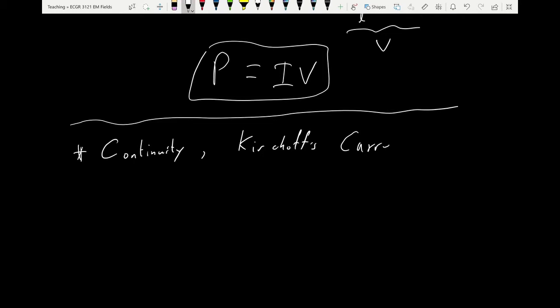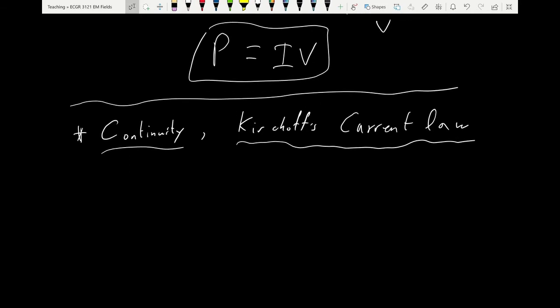Kirchhoff's current law is a big one, and it should follow from the treatment that we have for current, right? To describe Kirchhoff's current law, I first have to talk about continuity. What do I mean by continuity?